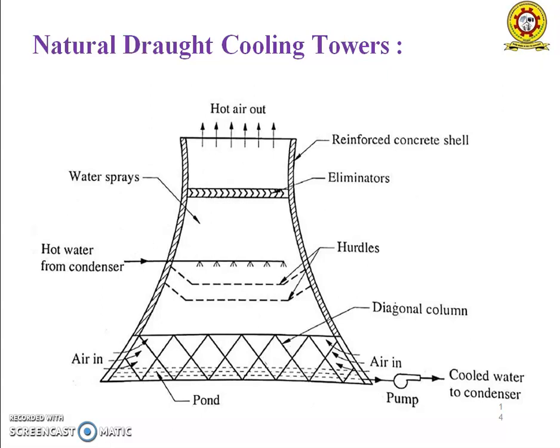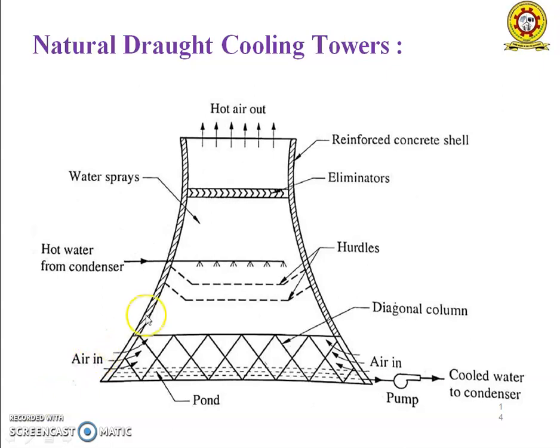In natural draught cooling towers, we mainly use water sprayers to reduce the temperature. Hot water from the condenser enters here and is sprayed, and the water temperature reduces.